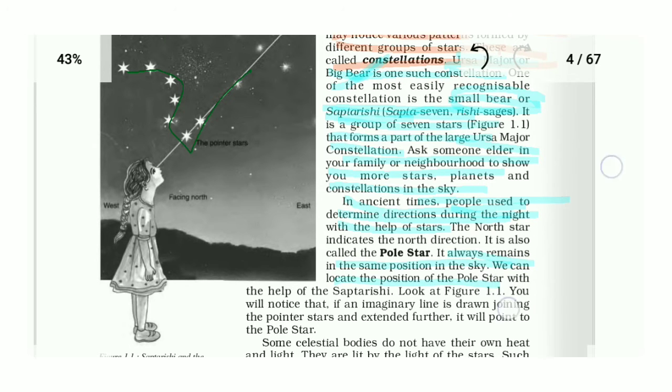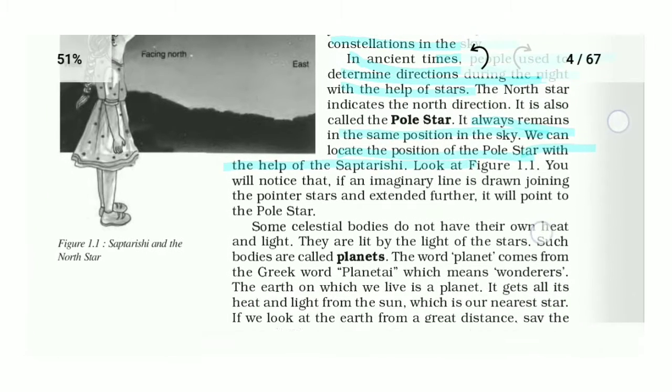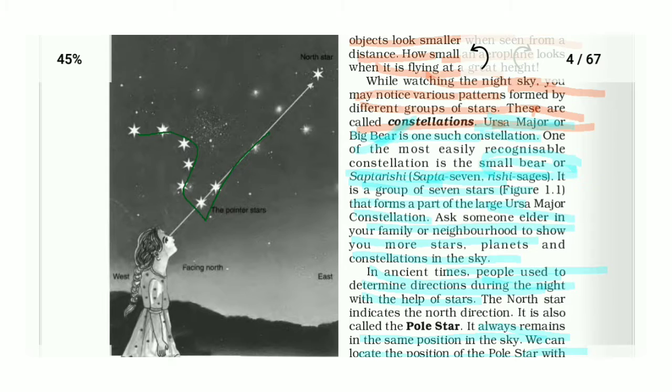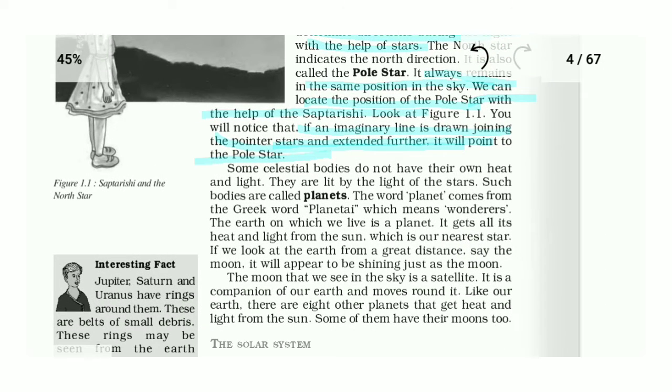We can locate the position of the pole star with the help of Saptarishi. This is the pattern of Saptarishi, and here is the pole star, so we can locate it easily with some practice. If an imaginary line is drawn joining the pointer stars further, we will reach the pole star, which I have already shown you.